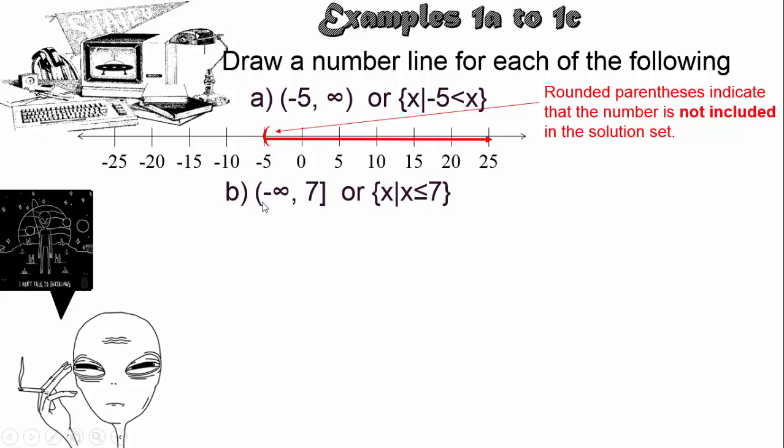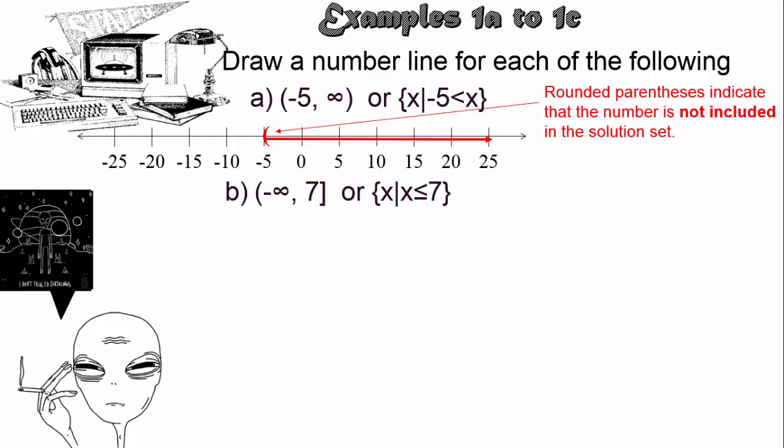Notice any time I have an infinity sign, it's always a round bracket, whether it's positive infinity or negative infinity, because you can never end infinity. It'll always go on and on and on forever. And infinity is not a number that is inclusive.